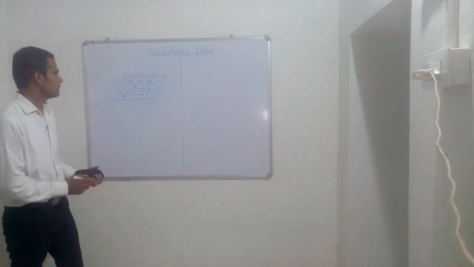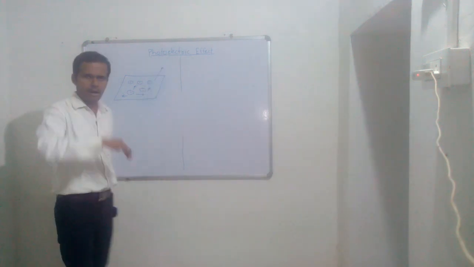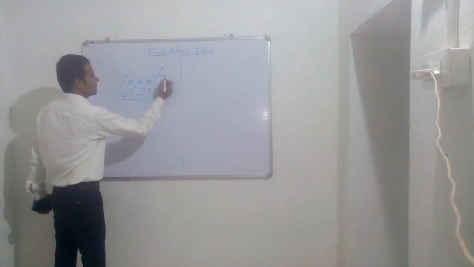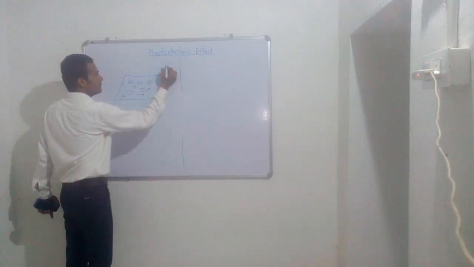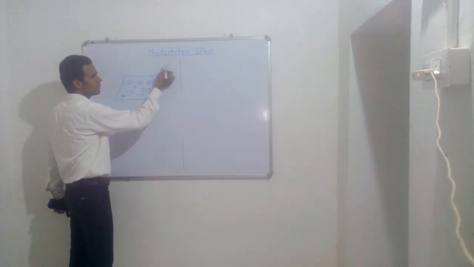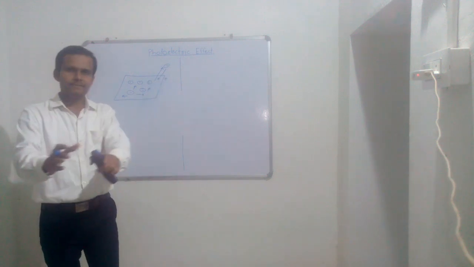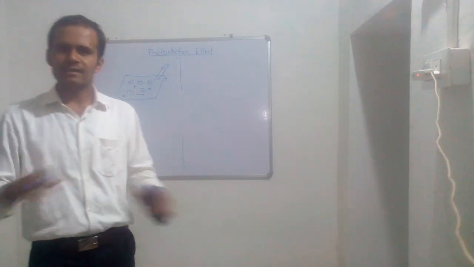The reason is, if an electron attempts to move out of the metal surface, then the surface of the metal acquires a positive charge, and this positive charge pulls the electron back into the metal, and hence all the free electrons are held inside the metal.